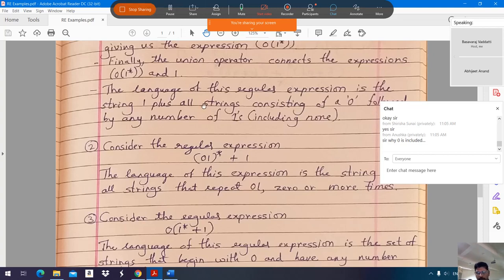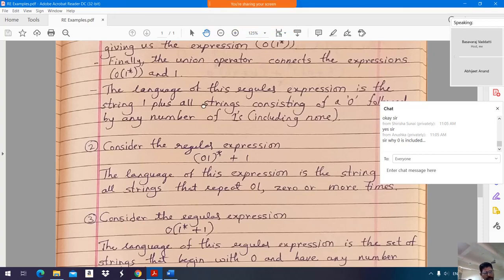Okay. Please all of you write another problem statement. I'll dictate the problem statement. Please note down.